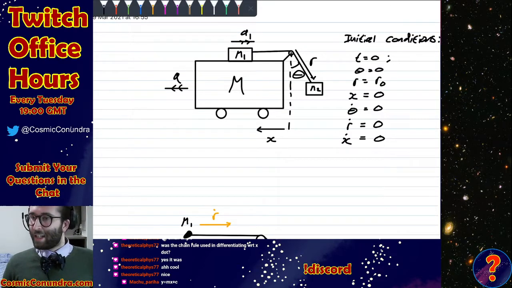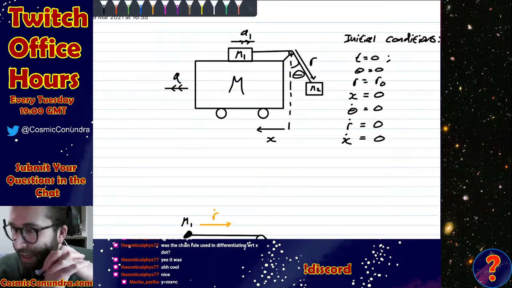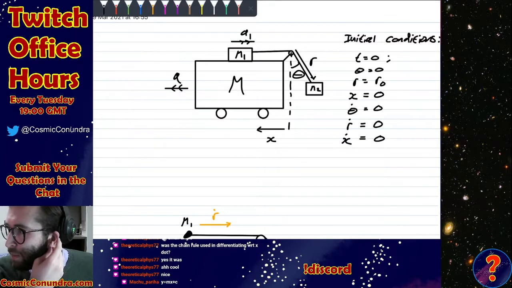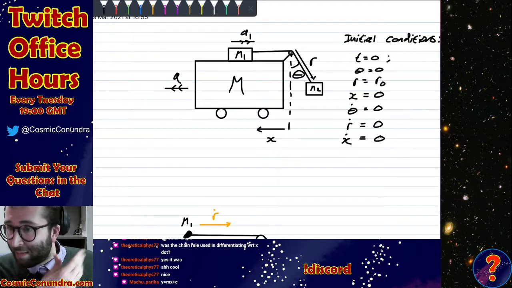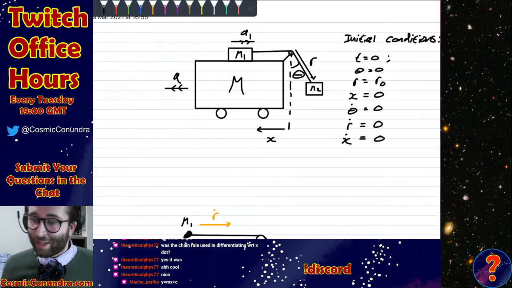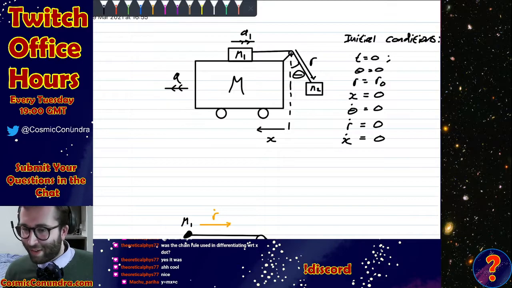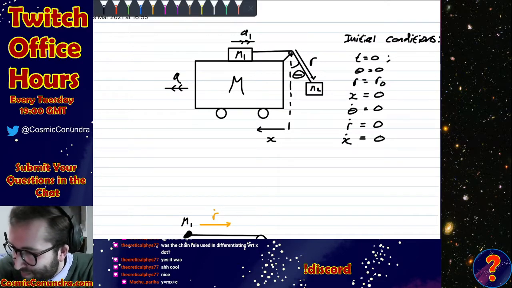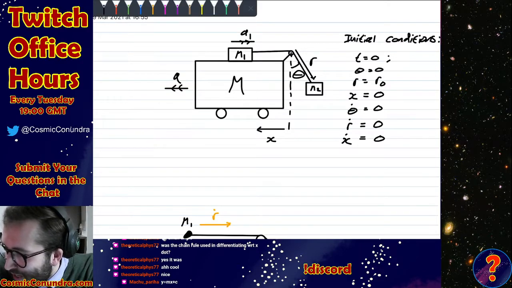But as far as I can tell, it makes sense to me that this problem is not one you can solve totally analytically, and it would be a bit of a pain in the butt to do. It was a bit of a pain in the butt even with some simplifications. But yeah, that's my rather unsatisfying answer to the question.